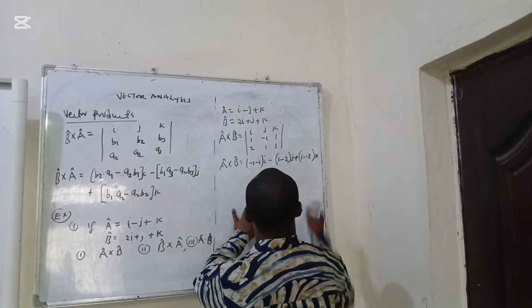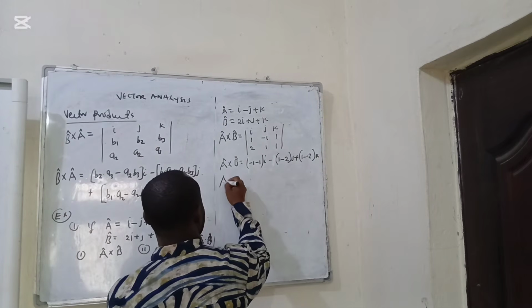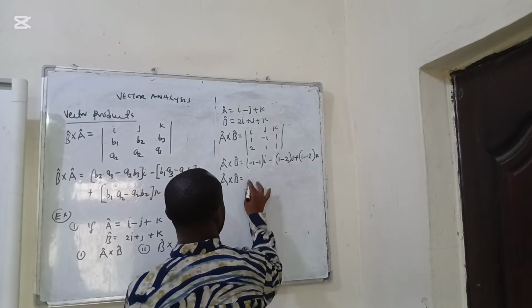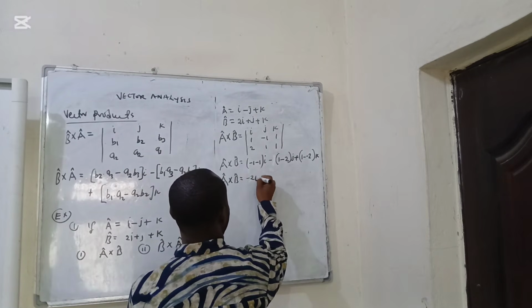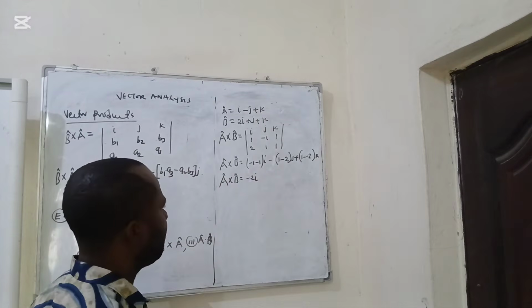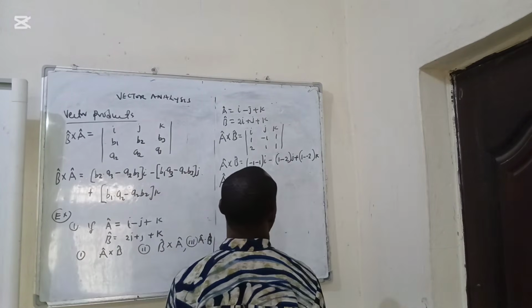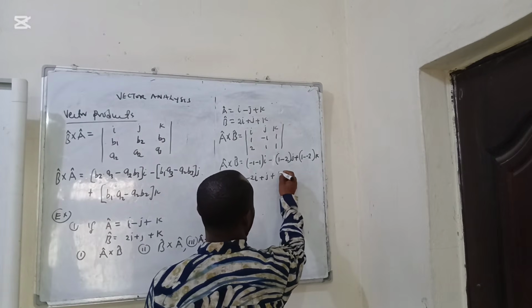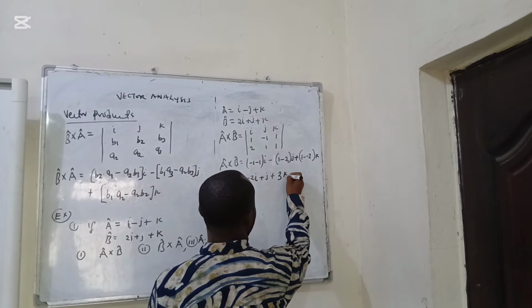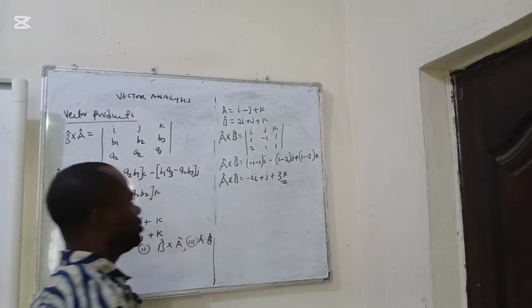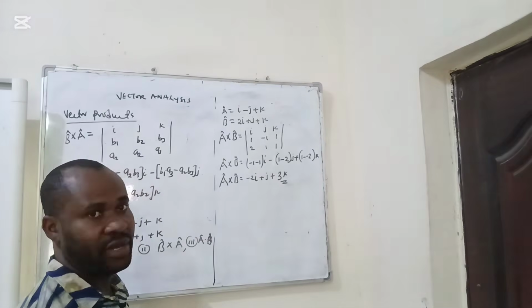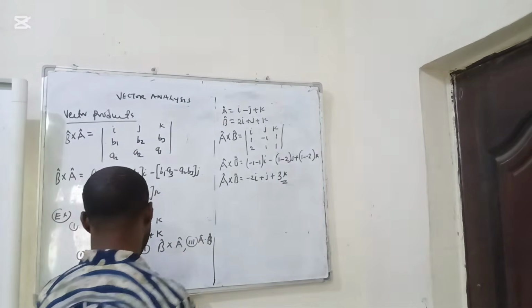We put k. So this cross product is giving us minus 2i plus j plus 3k. That is the cross product between A and B.